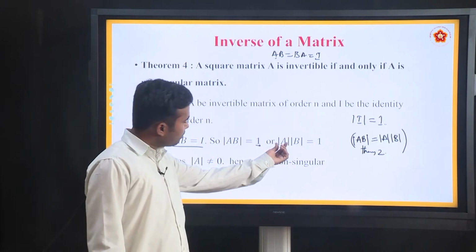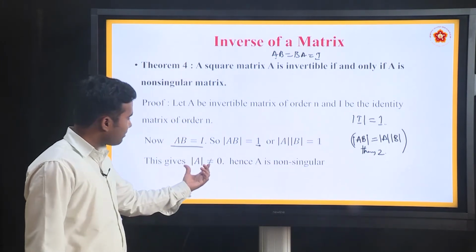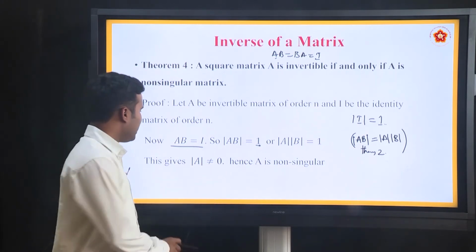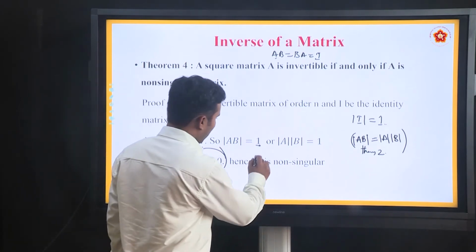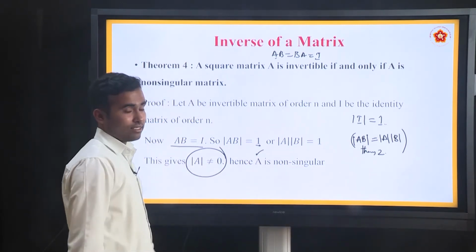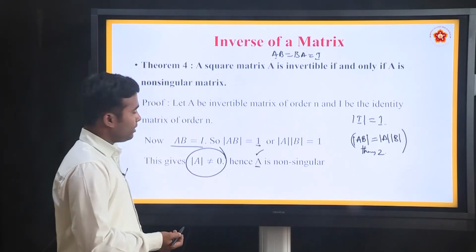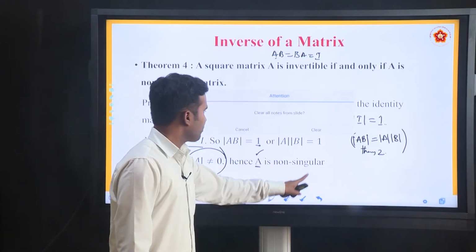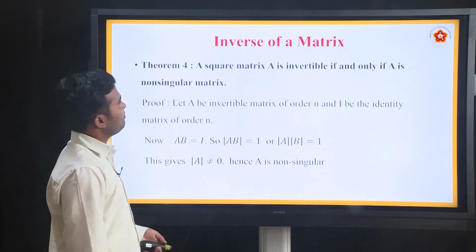This gives determinant A into determinant B is equal to 1, so definitely determinant of A is not equal to 0. Hence, if determinant of A is not equal to 0, matrix A is non-singular. So it proves non-singularity.